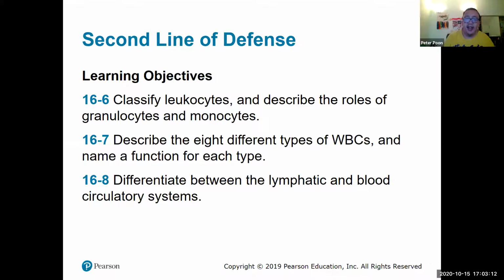All right, the second line of defense. Classify leukocytes, describe the roles of granulocytes and agranulocytes. Describe the different types of white blood cells and name a function for each type. Okay.